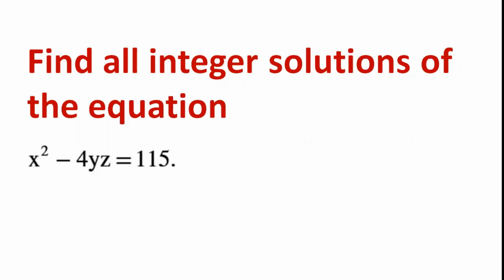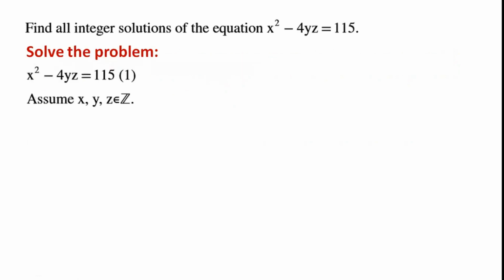Find all integer solutions of the equation x squared minus 4yz equals 115. Assume x, y, z are integers.